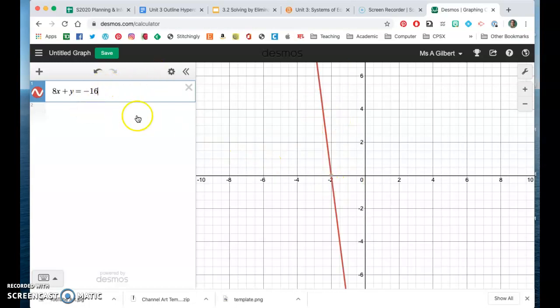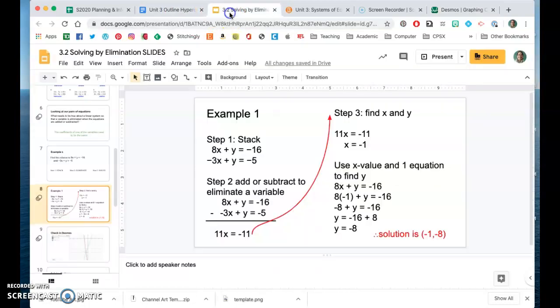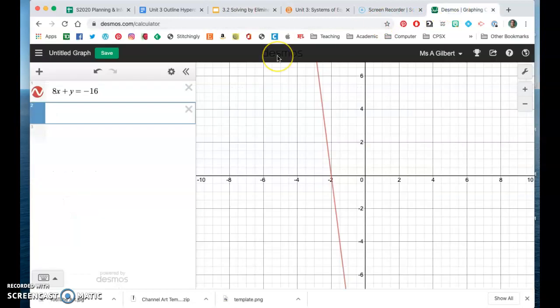So there's our first line. To make a second equation, you can just press enter, or click beneath that first equation. The second equation was negative 3x plus y equals negative 5.